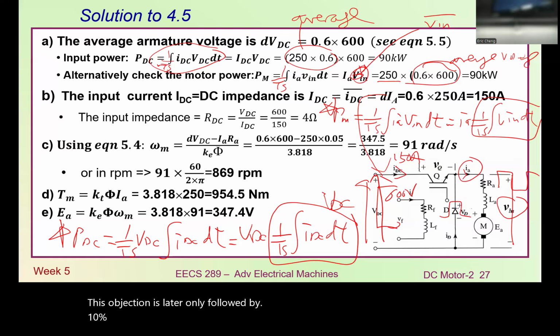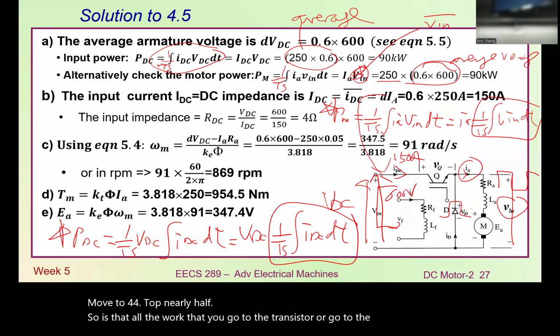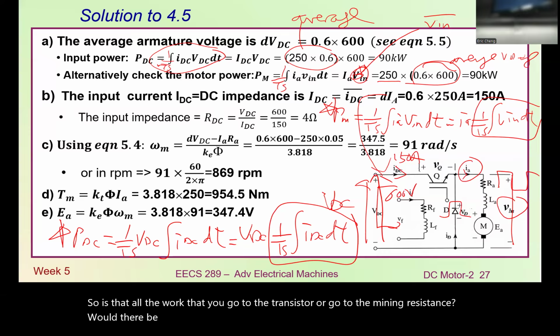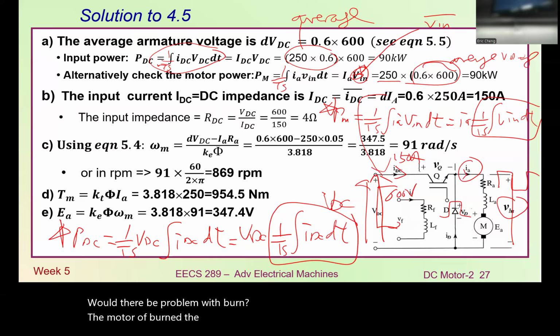But now here, 600 is dropped to about 344, a drop of nearly half. So does all the voltage go to the transistor, or go to the winding resistance? Would there be a problem, burning the motor or burning the transistor? That's a high voltage drop. What do you think? Would that be a big issue?